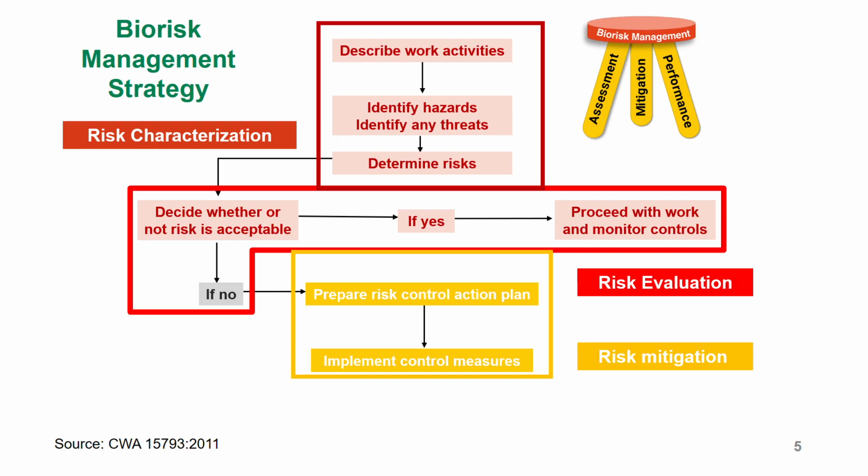So there's another step you need to do, where you need to review the adequacy of your risk control action plan. So you check, is the class 3 biosafety cabinet that we bought to either reduce or eliminate this risk actually doing the work it's supposed to do?